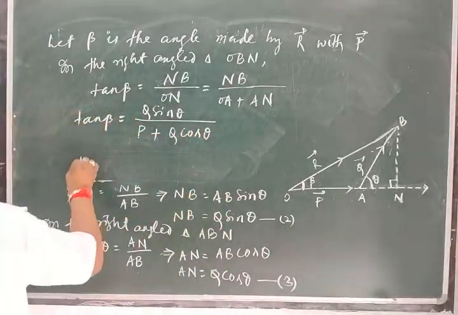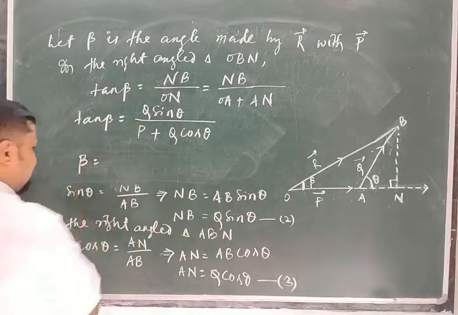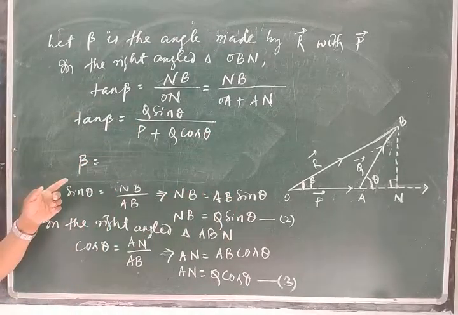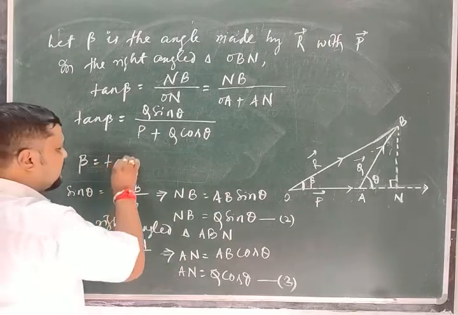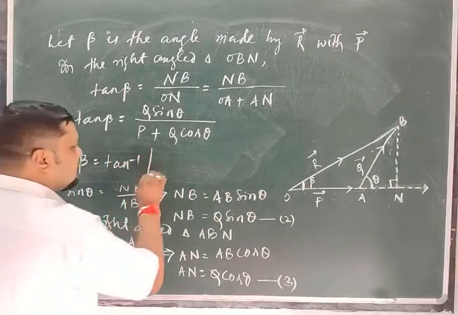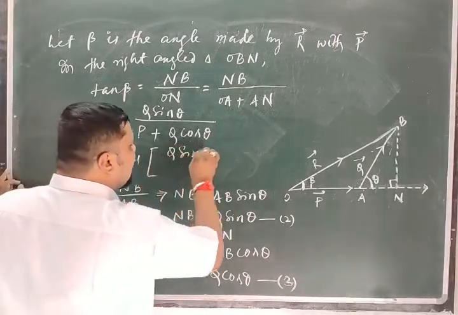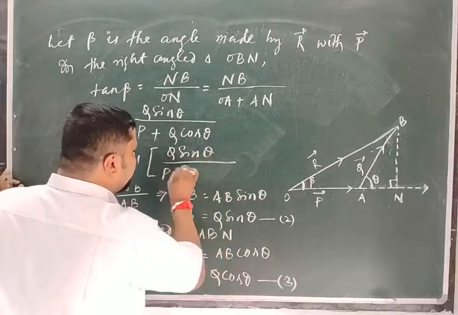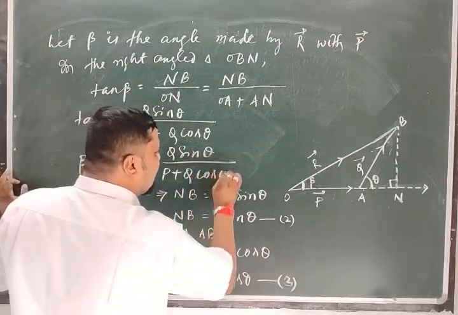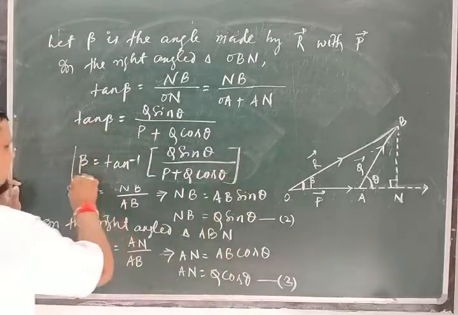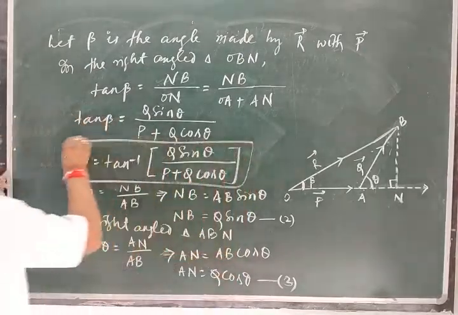When the equation is like this, then we want to find beta. Beta is equal to tan inverse of Q sin theta by P plus Q cos theta. This gives me the direction of the resultant.